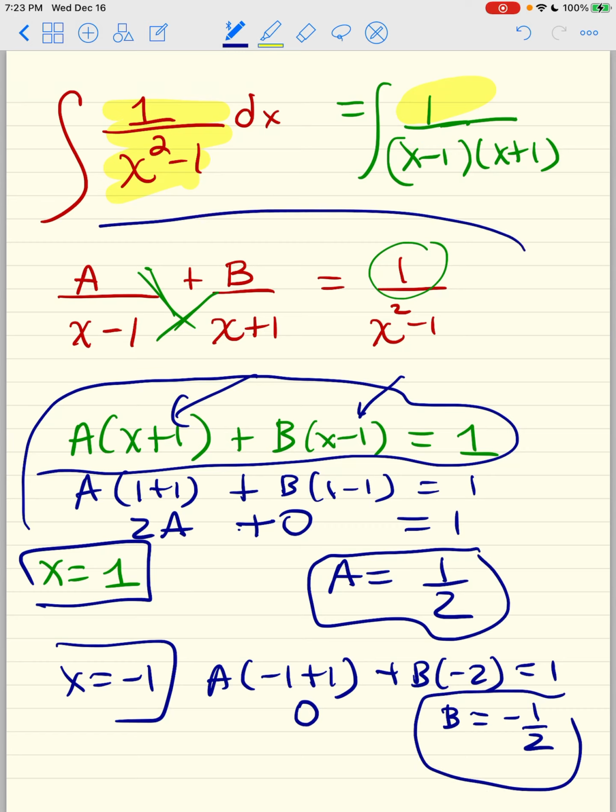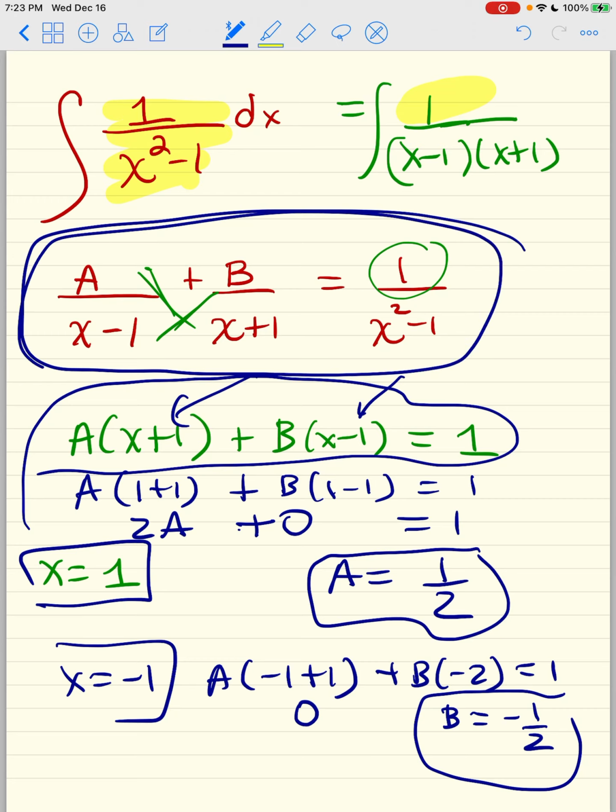So I go back to my question up here, and I'm going to rewrite it. If you solve for a and you solve for b, then those numbers must go on top of the a and the b. You cannot swap them. In other words, 1/2 must go on top of x minus 1, and negative 1/2 must go on top of x plus 1.